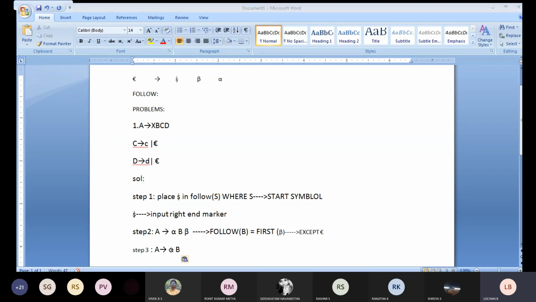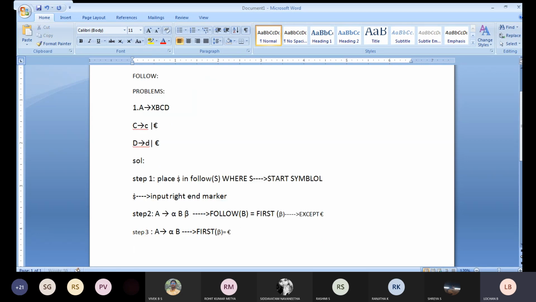In that particular case, whenever first of beta is your epsilon, we take follow of A equal to follow of B, and follow of B equal to follow of A. These are the three steps we will be following whenever we need to solve the problem. So now we will solve the exact problem.